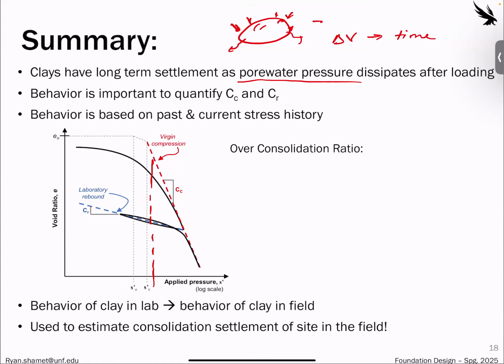The behavior of the clay is important, and able to quantify that is the C sub C or the C sub R. So that's the compressibility coefficient or the recompression coefficient. And I want you to think these are very similar to stiffness values in clay, or Young's modulus in metal.